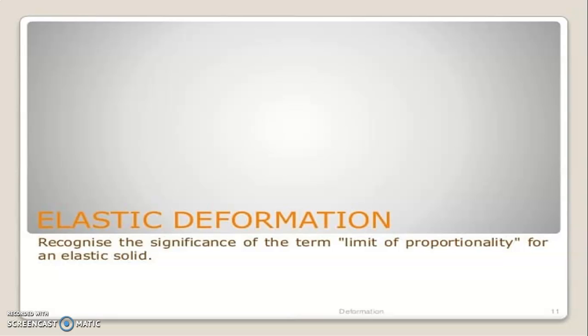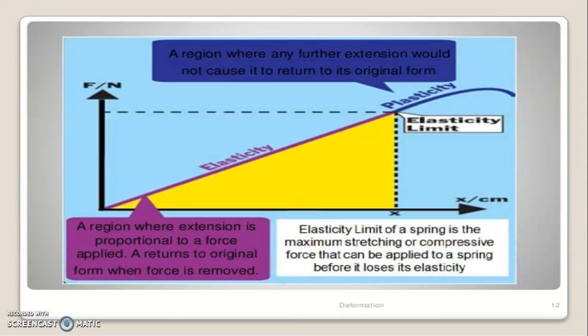Then in elastic deformation, how we can distinguish and recognize the significance of the term limit of proportionality for an elastic solid. Here a graphical representation is there. On the x-axis we have length, and on the y-axis we have force. The yellow region is where the extension is proportional to the force applied.